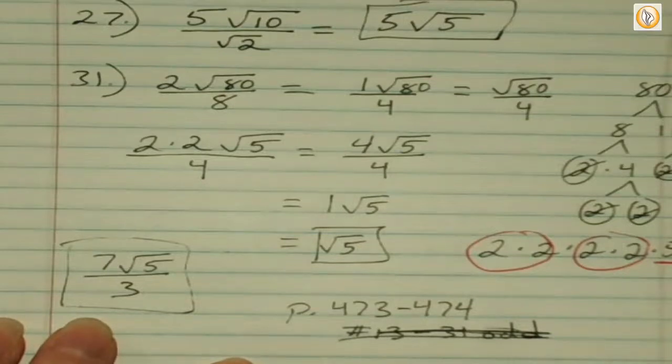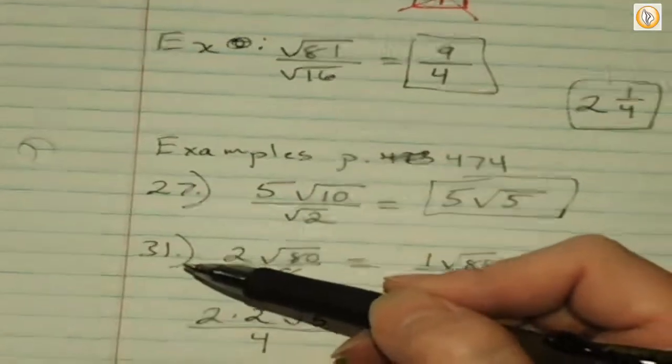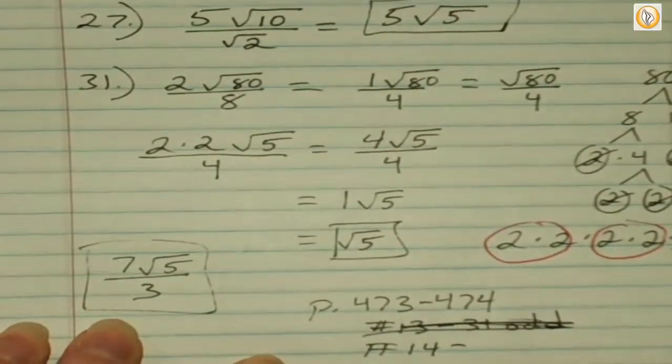I know. And I just wrote 13 to 31 odd. I got to change it to even. No, make it 14. See, that's 1, 2, 3, 4, 5, 6, 7, 8, 9, 10. Still 10.